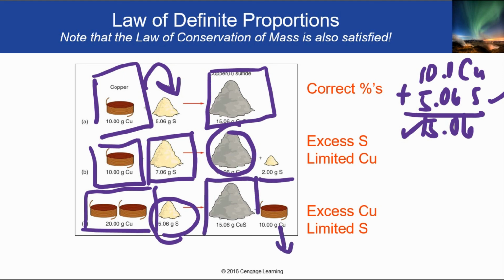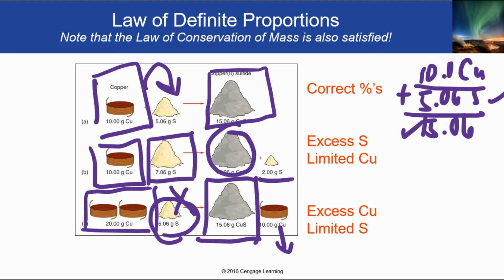Makakabuo pa rin tayo ng 15.06 copper sulfide. Pero ang mauubos dito, si sulfur, sosobra naman ng 10 grams ng copper. Kasi ang proportion niya is 10.0 copper is to 5.06 sulfur. So that is also the law of definite proportion.